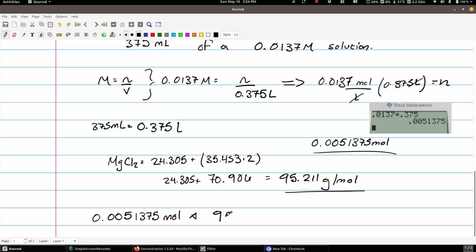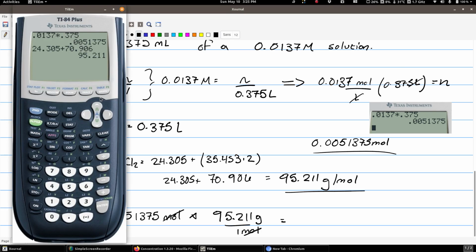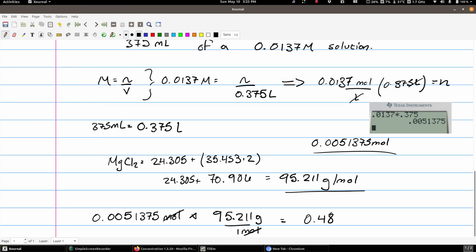Times 95.211 grams over 1 mole. So in this case, your moles cancels, and then you should have your answer. So this times this. So you needed 0.489. And that would be your answer.